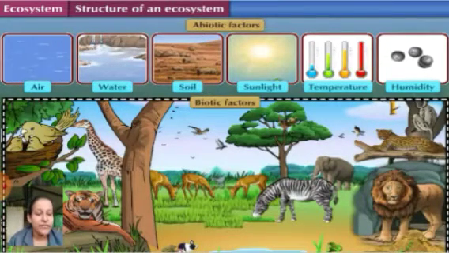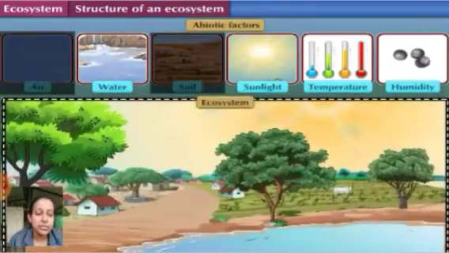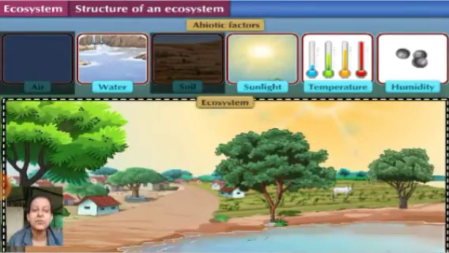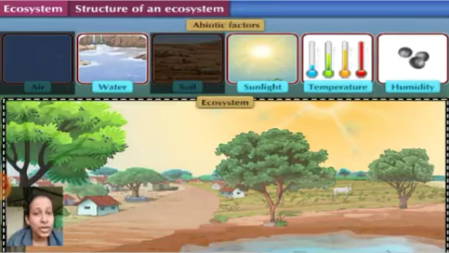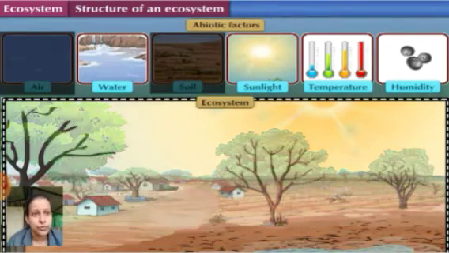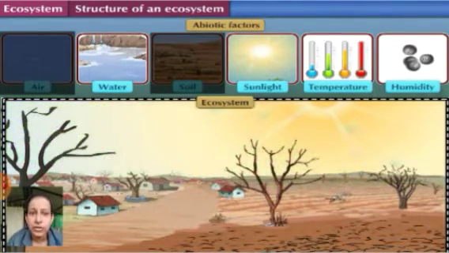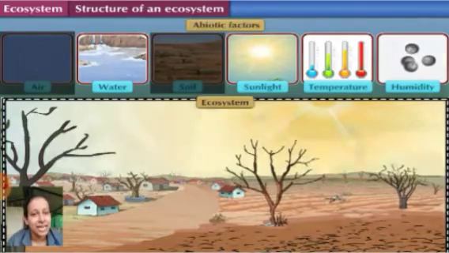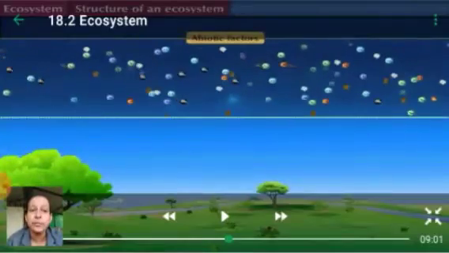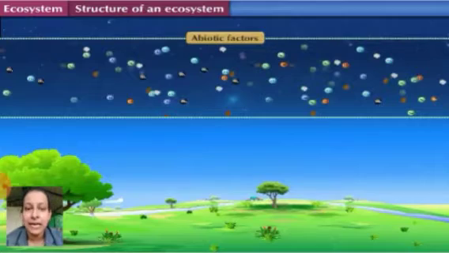So the abiotic factors in an ecosystem decide which biotic factors will survive in it and what will be their number. Depending upon the availability of all these abiotic factors, they decide what type of living organisms will be there and what will be their number.